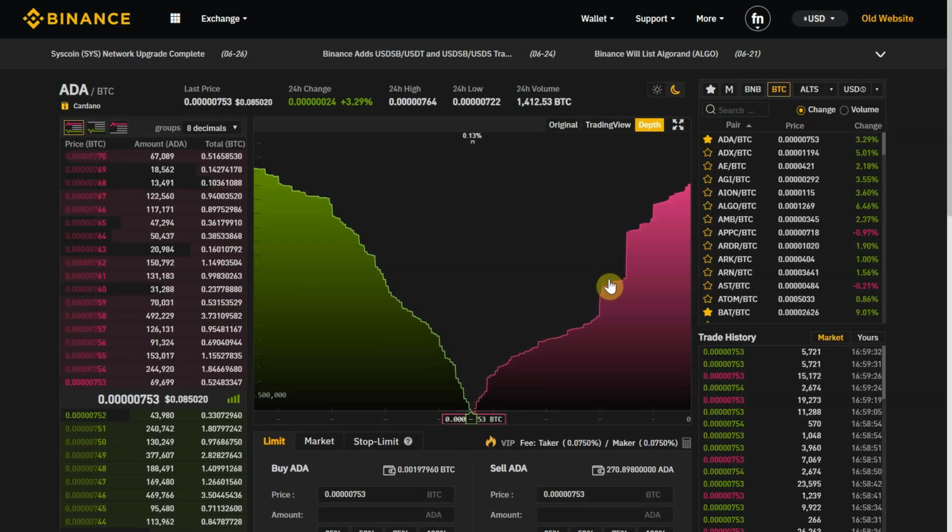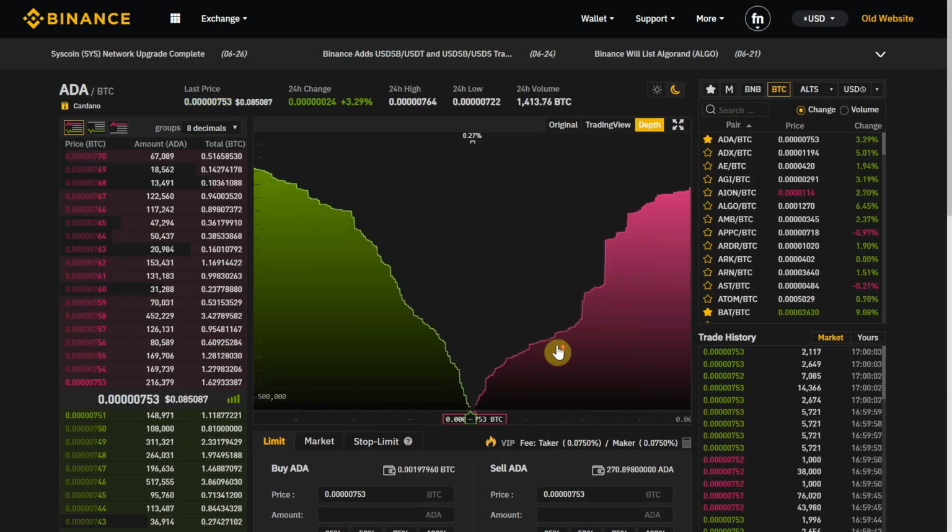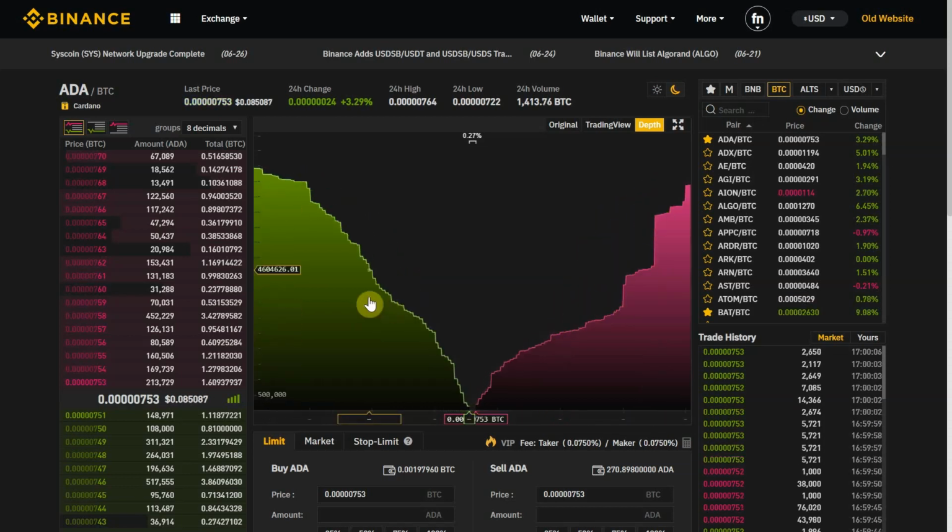So if I wanted to make my order fill a little before some of the volume here, I would simply move it a little bit lower, and I wouldn't have to wait for this section to be cleared. It can be confusing. I think it's pretty easy once you get a hold of what a bid and what an ask is.